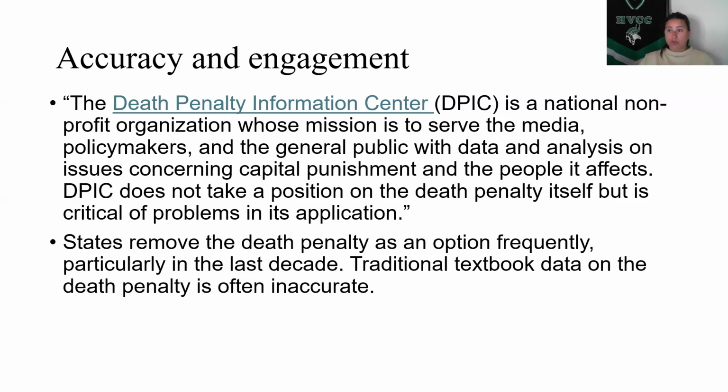And so students will do their reading, hopefully, and they'll read that there are 27 states that have the death penalty. And then they'll come to class, and because I prepared my notes based on the actual numbers that are currently happening now, they'll learn from me that there are 21 states who have the death penalty. And that is conflicting information.